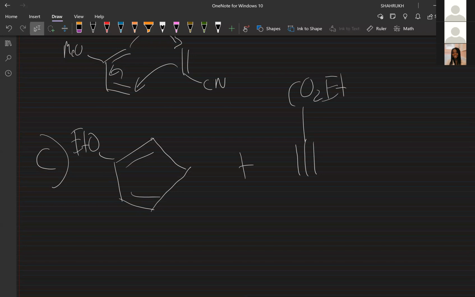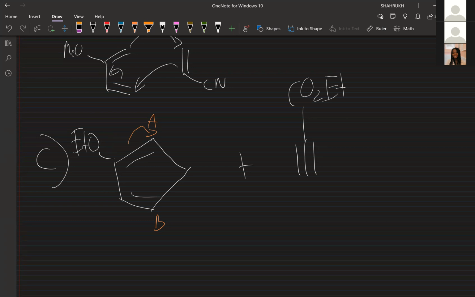Okay, so here, right, once again, let's call this A and B. Which one is going to be partially negative? So if we were to push the electrons, the double bond is on the same side, it would go here, be A, right?